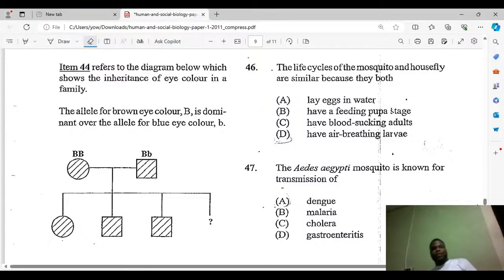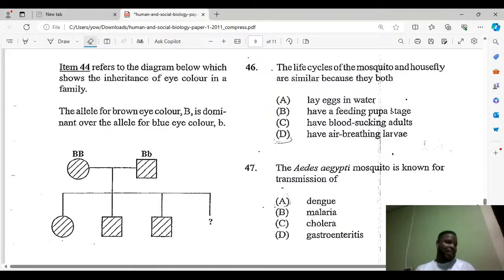Right? Next question. Aedes aegypti mosquito is known for the transmission of what? Dengue, malaria, cholera. Right? Dengue, pretty simple. What else does Aedes aegypti carry apart from dengue?